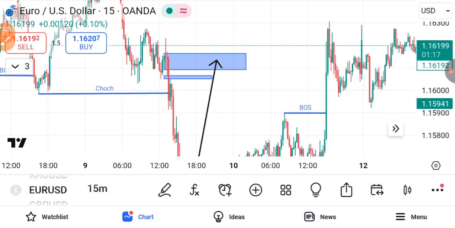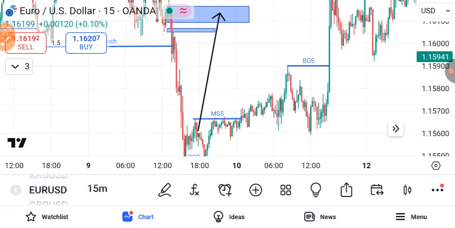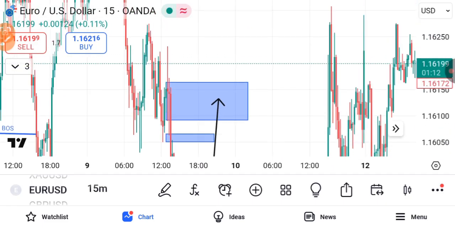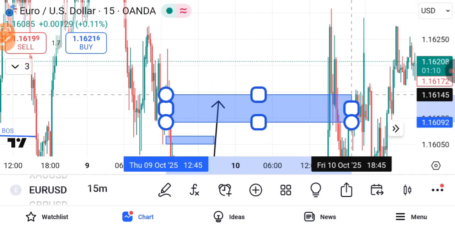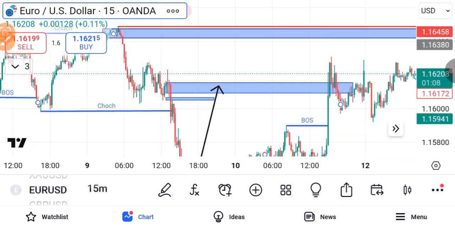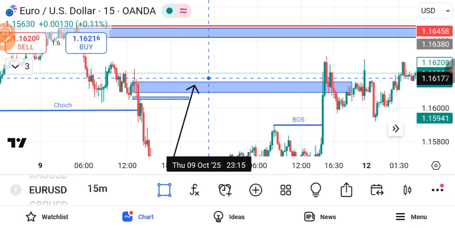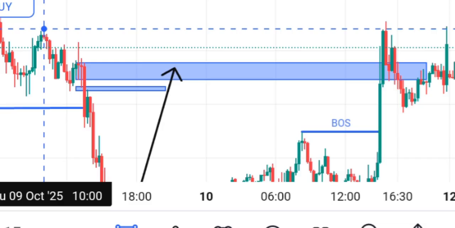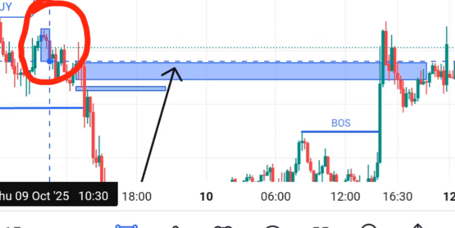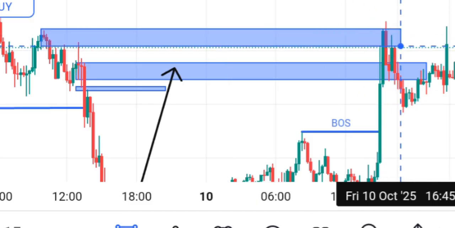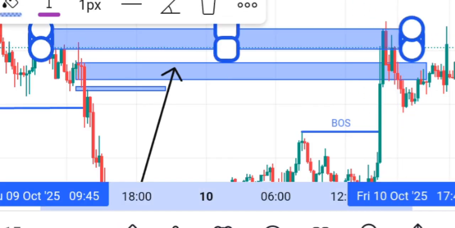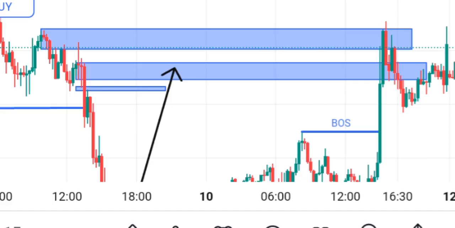As you can see right here, the market didn't respect the order block. It respected an order block above it. As you can see, there's another order block above this one. That's why the need for confirmation is very important.